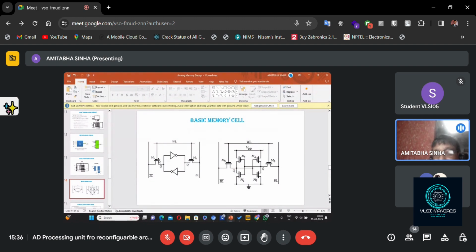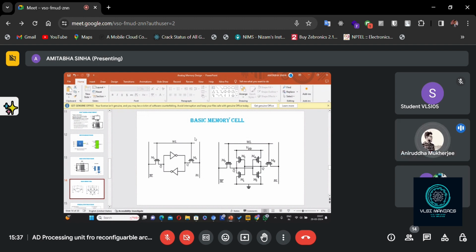Now here we have used two more transistors, M5 and let's say M6. These are the transistors on the right hand side. If we give 1 on the BL line and the M6 transistor is switched on, what will happen?